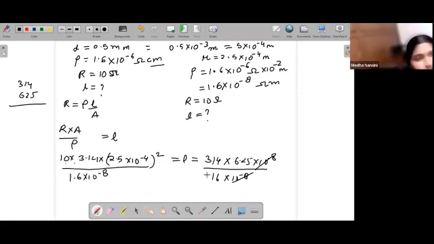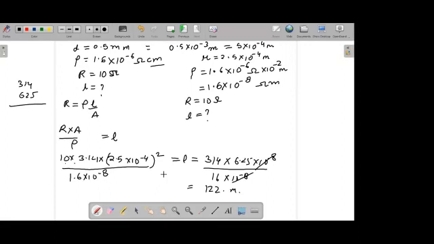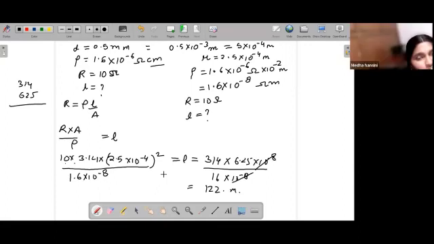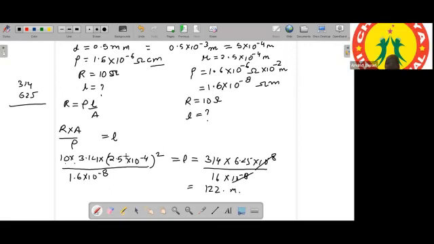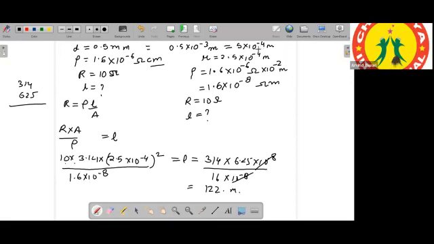I didn't understand how did you get the area. Pi r squared. So this is pi, and r is 2.5 into 10 to the power minus 4. So you are getting 122.6 meter approximately. How did you get 2.5 into 10 to the power minus 4, sir? 5 into 10 to the power minus 4 is the diameter.